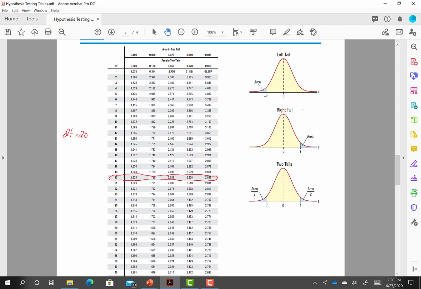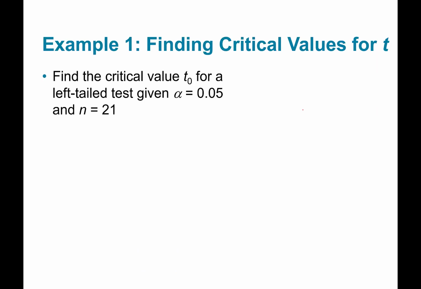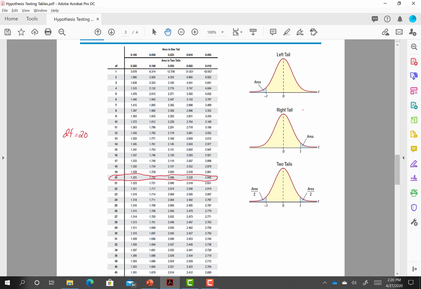Since we're doing a left-tailed test, the area in one tail is left-tailed. There's always a little picture here to help you. You notice here, left-tailed test, area, and then there's your negative t. It's telling you to use the negative value. So the table even helps you out with this.